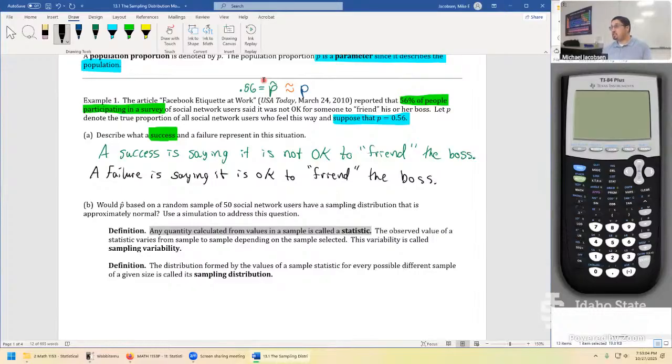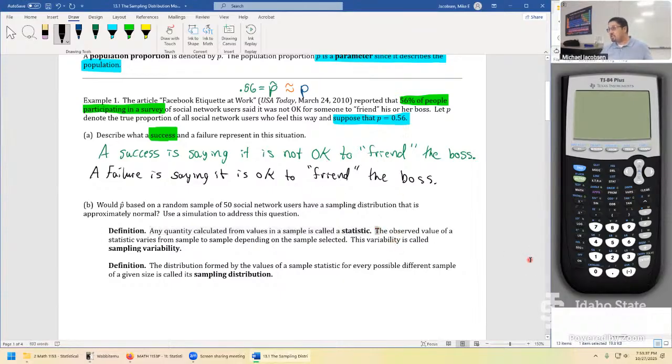Same idea is true with the sample mean, y bar. Every time we do a study with quantitative data, and we calculate the average, that average depended on the random sample. Rerun the study again, and you get a different random sample, you get a different sample mean. So your statistics, they all vary. The only thing that's tacked down, that's nailed to the ground, that doesn't vary, is the parameter p, but that's the unknown. We're just saying, supposing for the sake of the example, it takes on a specific value that we know, 0.56.